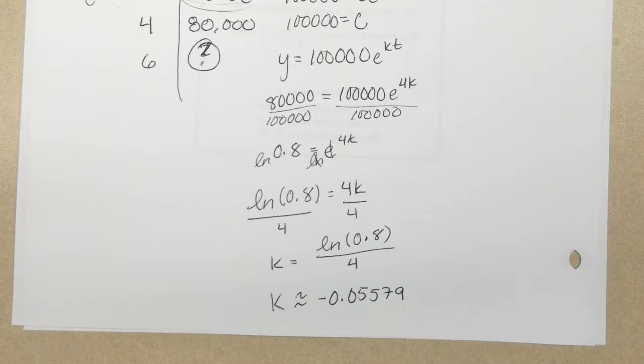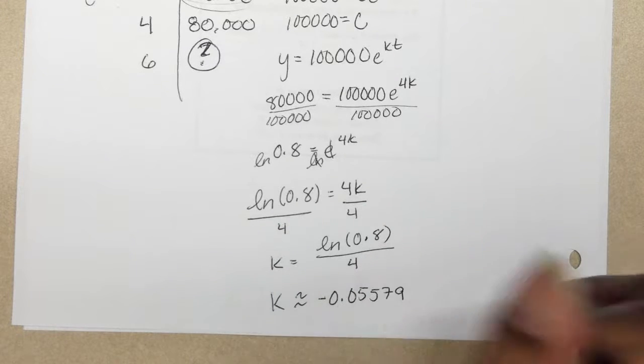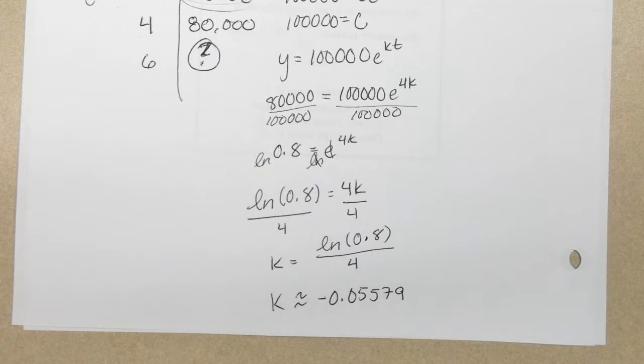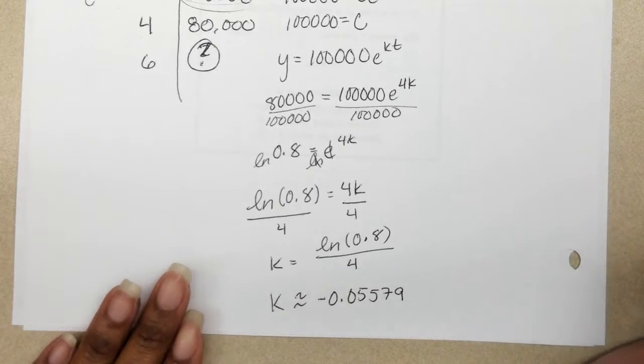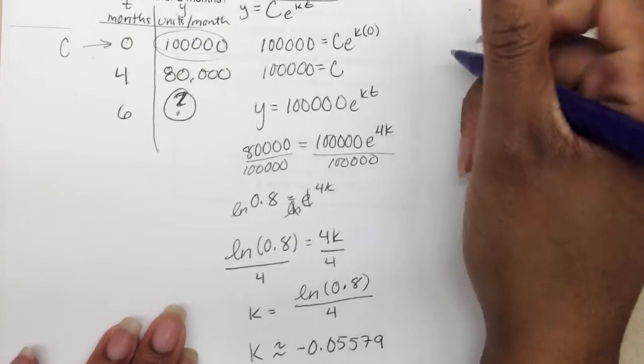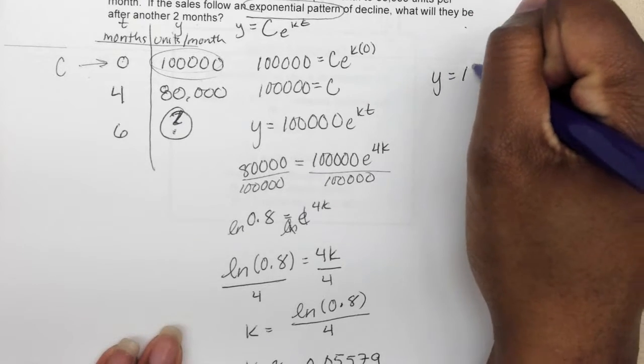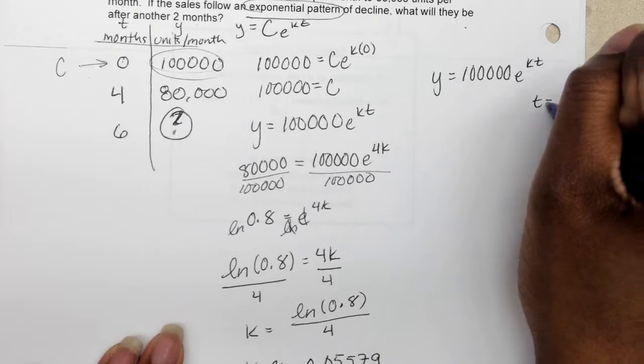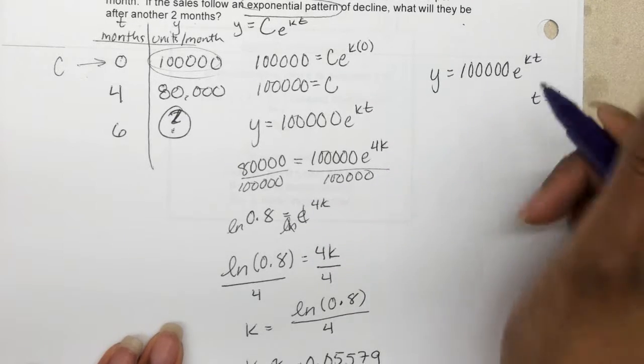I found the decimal version of this so that when we plug it into our equation to find y, we can just use a calculator to plug in a numeric value for k instead of trying to plug in ln of 0.8 over 4 into our calculator and making a small error. So our particular solution is going to be y equals 100,000 e to the kt, and we want t to equal 6.